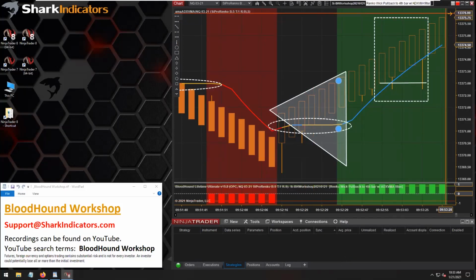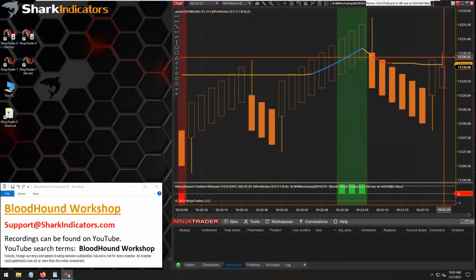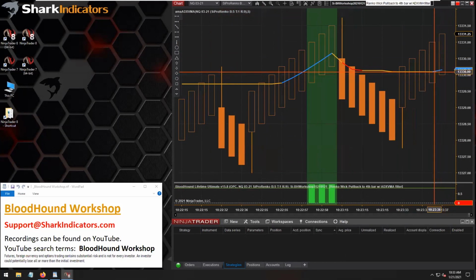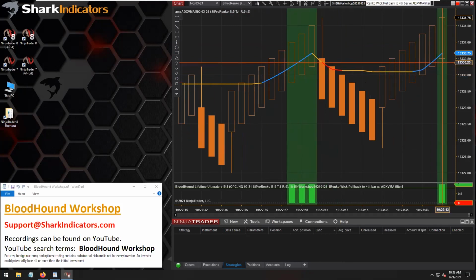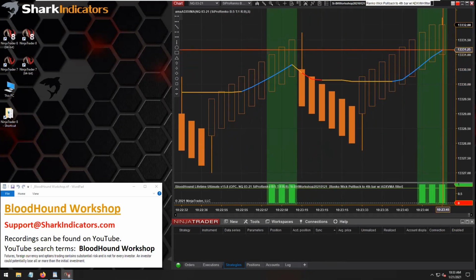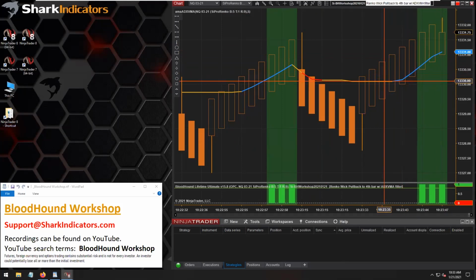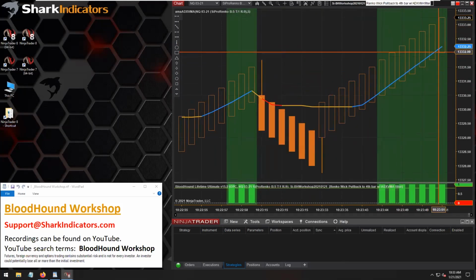There we go. What that did is now we can see the ADX VMA is actually plotting on the bar that's building. It's in real time, so we can actually see the ADX VMA changing colors in real time as well.